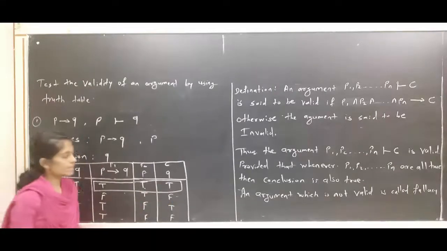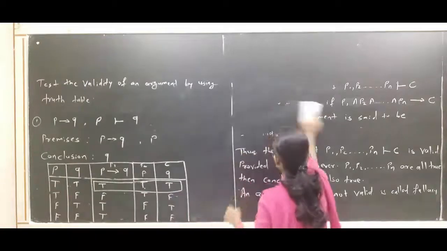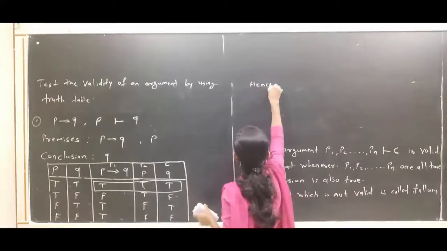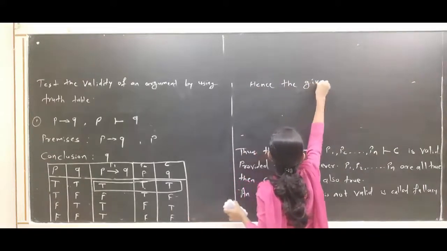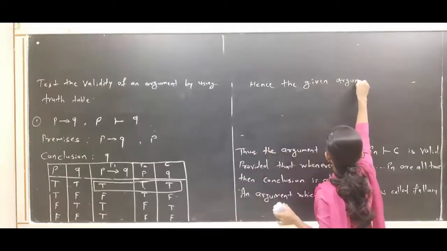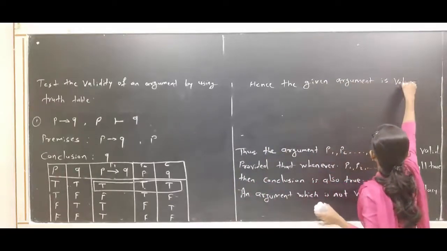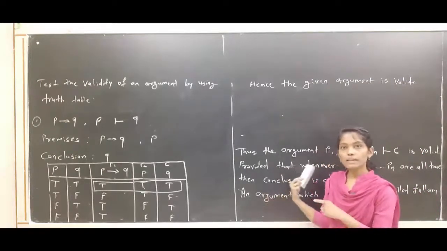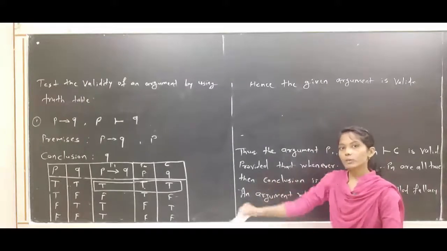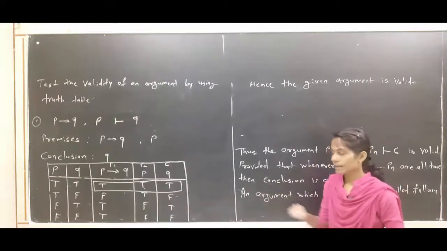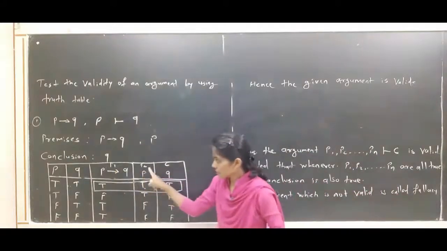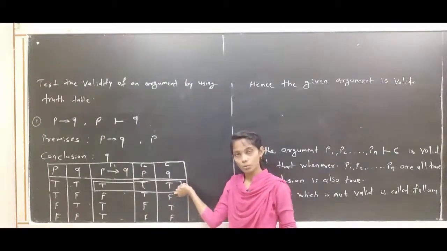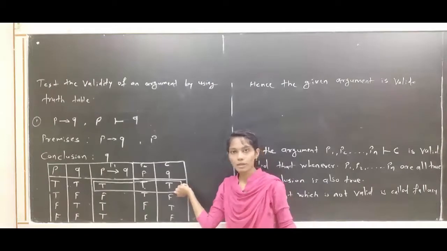Hence the given argument is valid. If all premises are true, then the conclusion is also true. Then and only then we say that the given argument is valid. That's why this argument is valid.